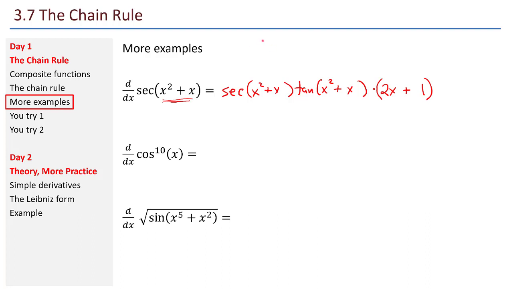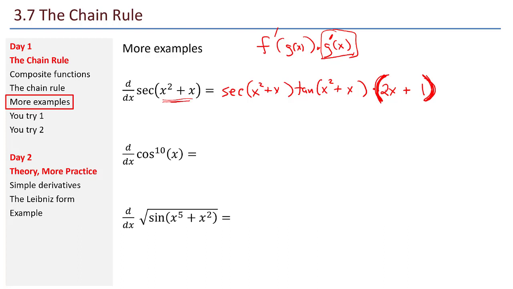So when I have the derivative by the chain rule, I'm multiplying times g prime of x, but it's this entire g prime of x that needs to get multiplied. And so in my first example here, the g prime, the derivative of the inside, is this entire expression, 2x plus 1. So I need to make sure I put that in parentheses and multiply it times the first stuff.